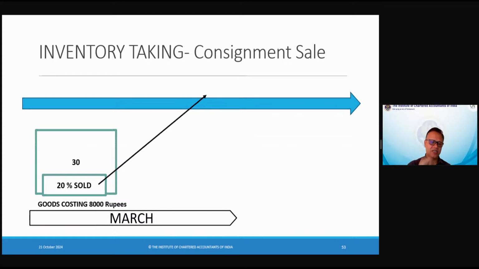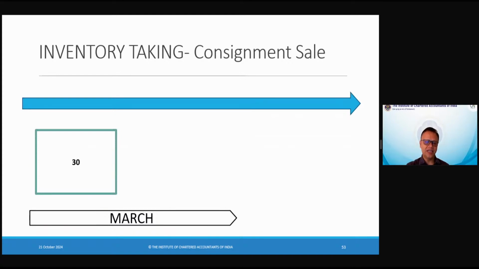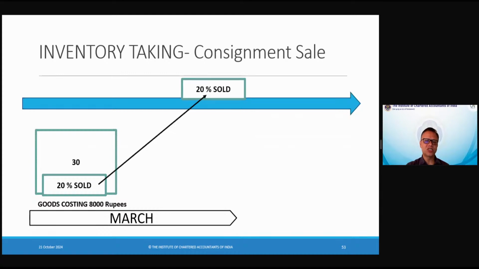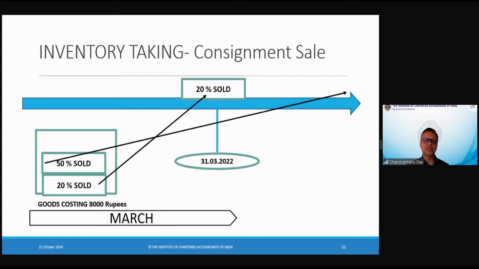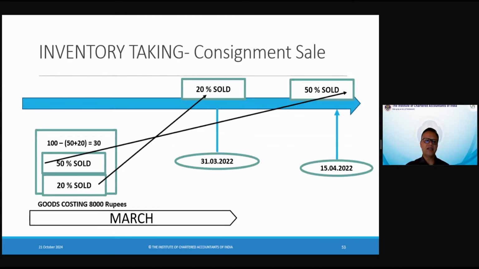As I said, 30% is remaining. So how are we getting this 30? Now the goods are costing 8,000. 20% is sold on 31st March 2022. 50% is sold on 15th April 2022. And 100 minus 50 plus 20, you are getting 30. So this 30 is remaining.